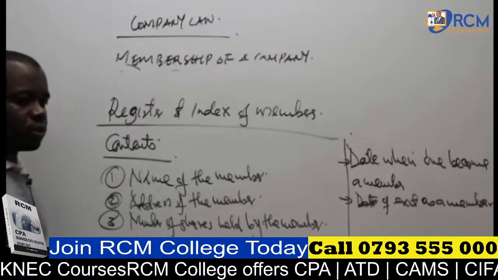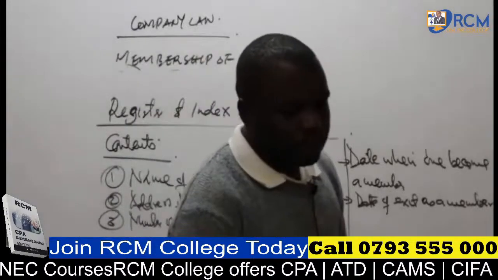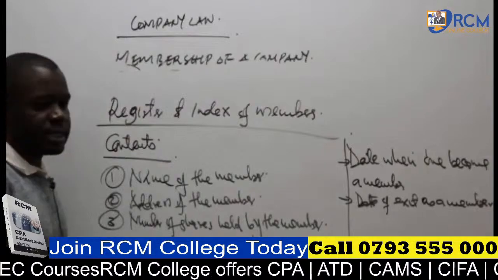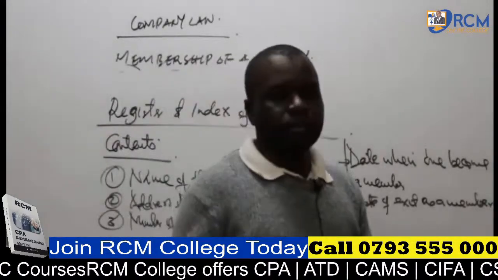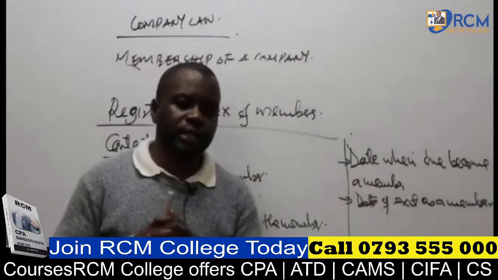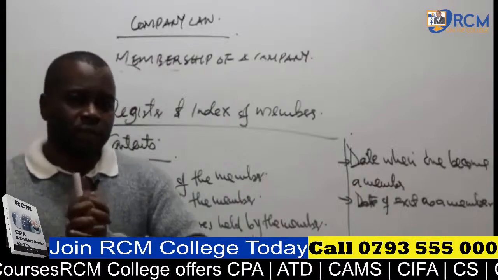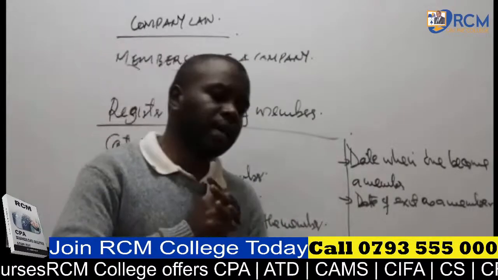Part of what you need to know about the register of members is that it will be maintained at the registered office of the company. So where the registered office of the company is, that's where the register of members will be kept. Alternatively, it can be kept at any branch of the company.